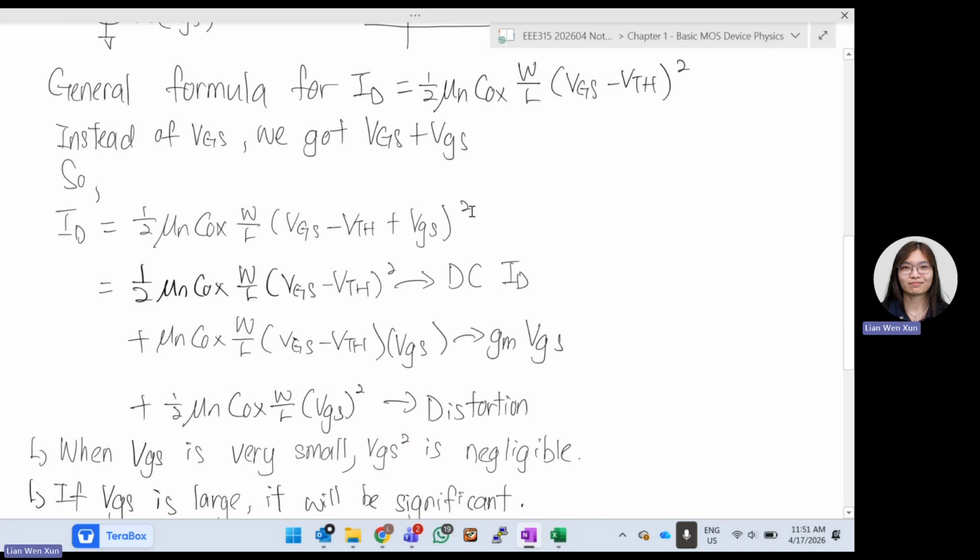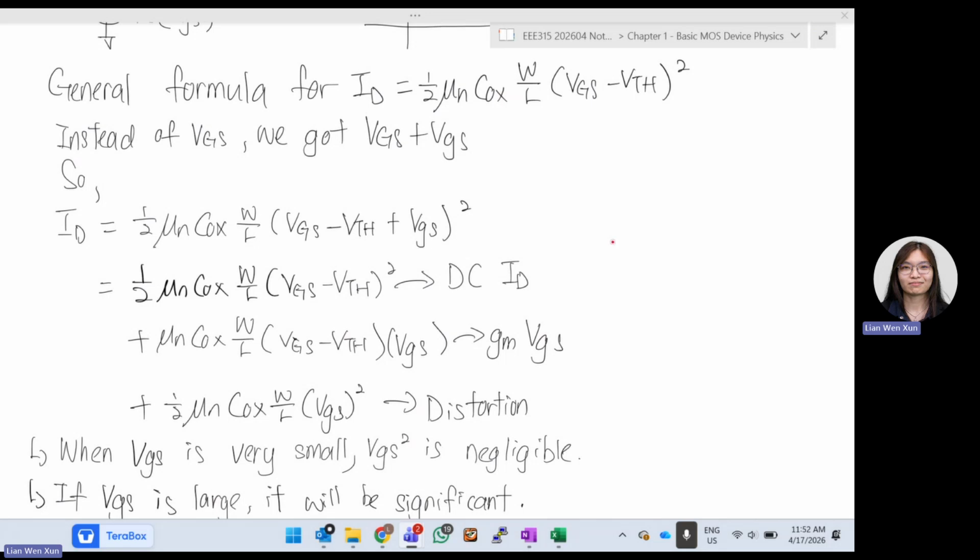If we square the whole term, we need to square inside also, right? So 2 times half becomes mu n Cox W over L (VGS minus VTH) times vgs. And then this whole term, vgs, is squared. This is just your normal maths, like (A plus B) squared.